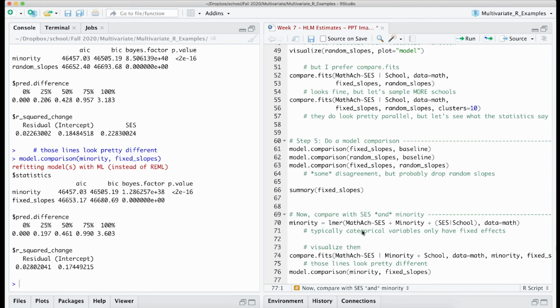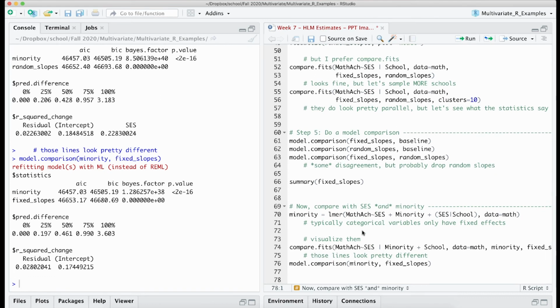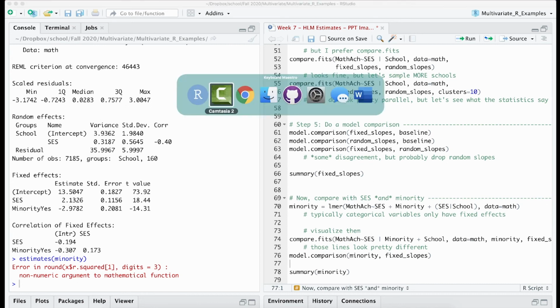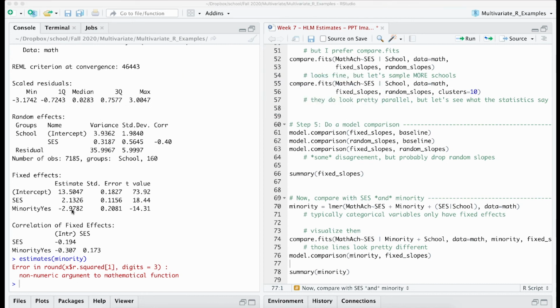And then now that we have a final model, let's go ahead and look at the estimates, and to do so, we can go summary of minority. I just jump straight to the estimates. I don't need these numbers to tell me what the visuals see. I think those aren't inherently interesting, so instead I'm just going to look at the fixed effects.